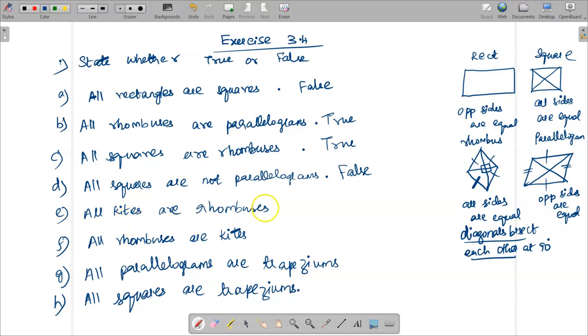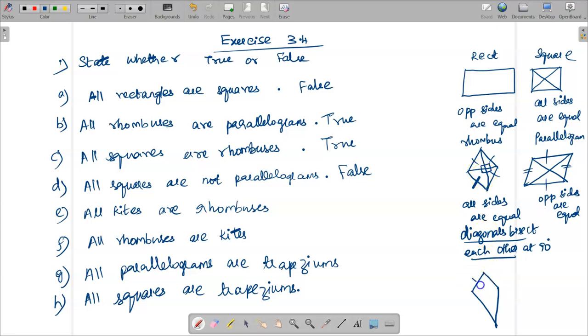All kites are rhombuses. How will you draw the kite? This is the kite diagram, right? Whether all kites are rhombuses, it cannot be. So this is the kite, but I cannot say that this is a rhombus. Why?